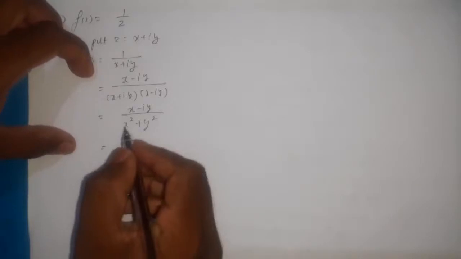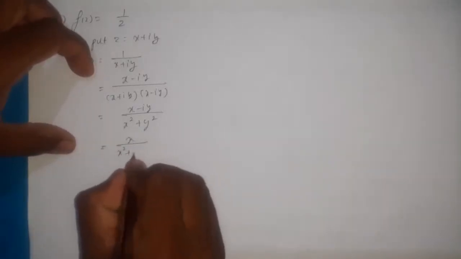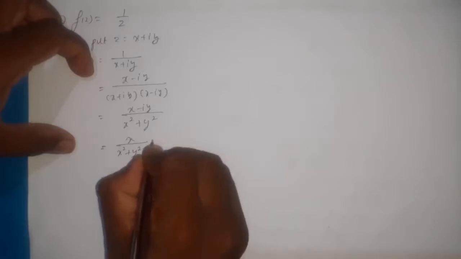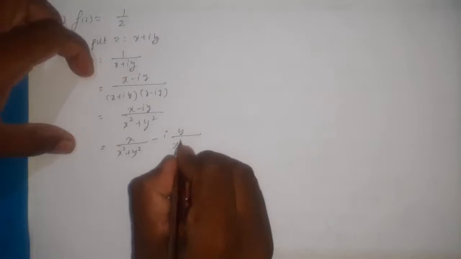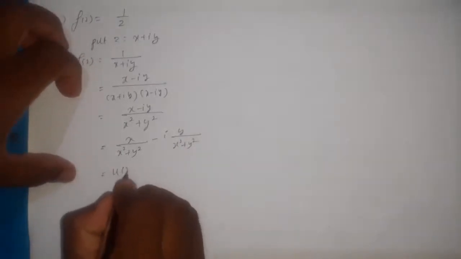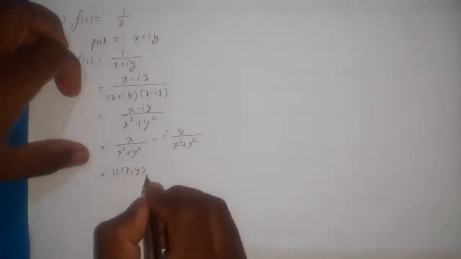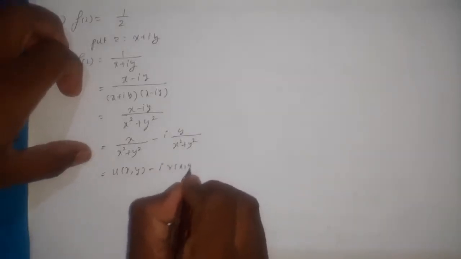Then separating the real and imaginary parts, that is x divided by x square plus y square minus i into y divided by x square plus y square, which is equal to u of x comma y minus i into v of x comma y.